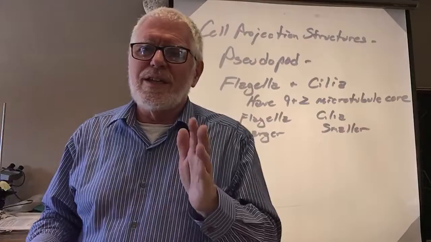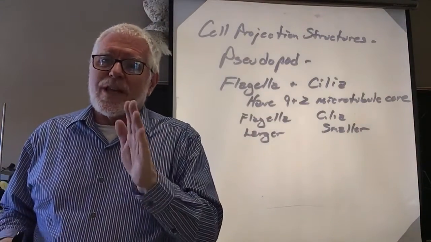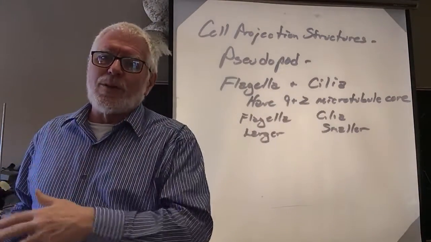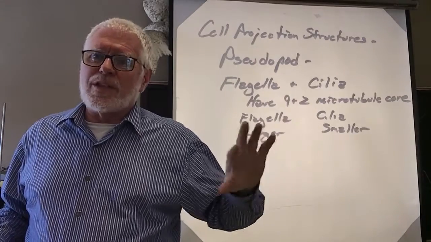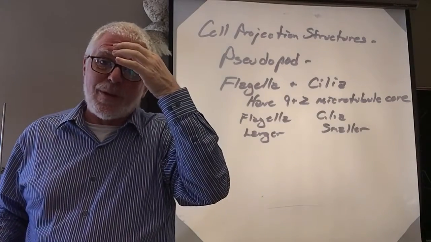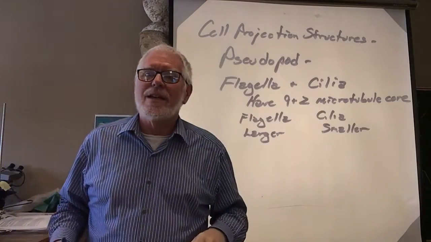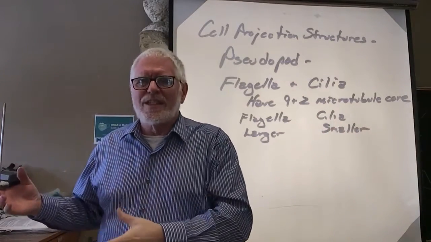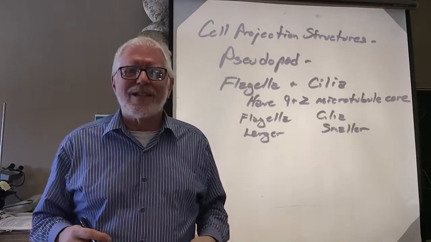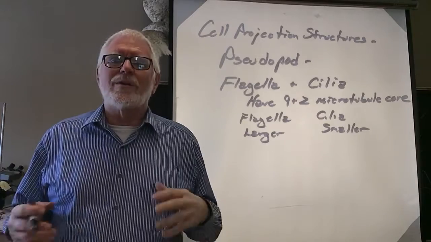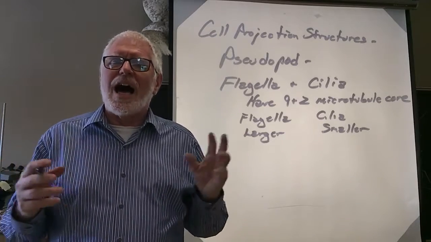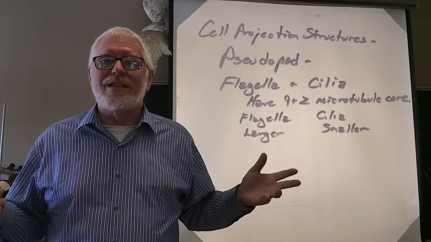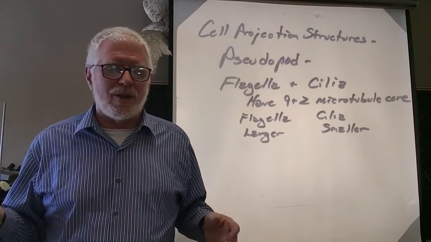Again, in biology, you would think there'd be a threshold, like, okay, if it's bigger than that, it's flagellum, if it's lower than that, it's cilia, but they really look at some of these other parameters to decide whether they're looking at flagella or cilia. But typically, I mean, there is such a thing as big cilia and such a thing as small flagella, but by and large, that's a bad pun. Flagella tend to be not just larger, but significantly larger than cilia.